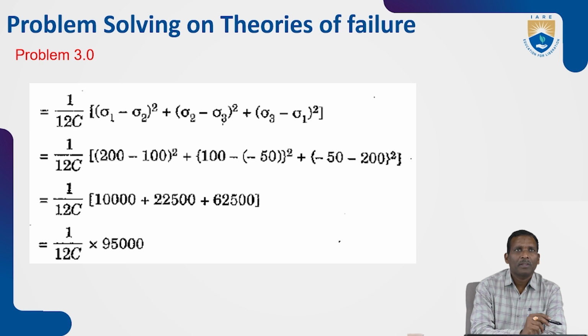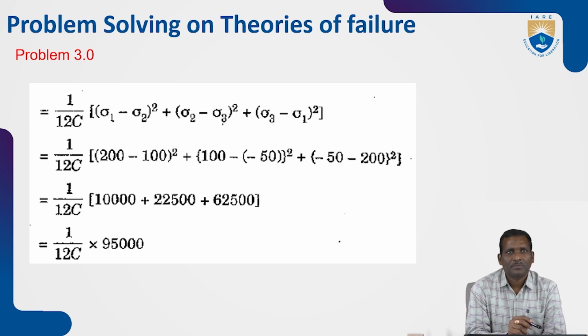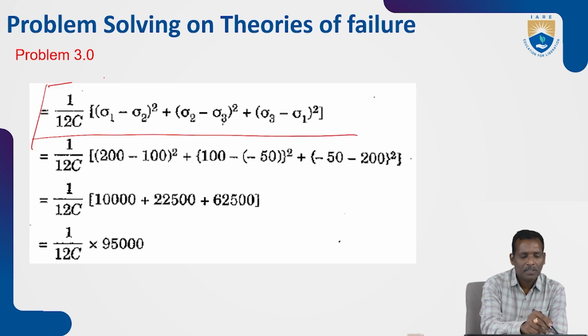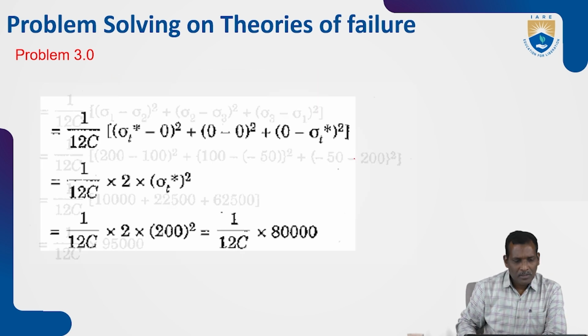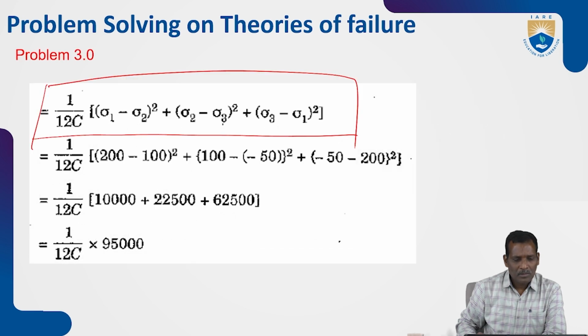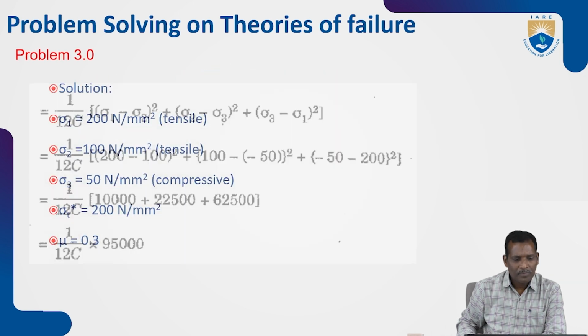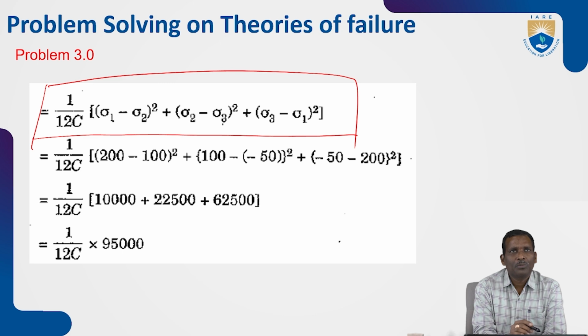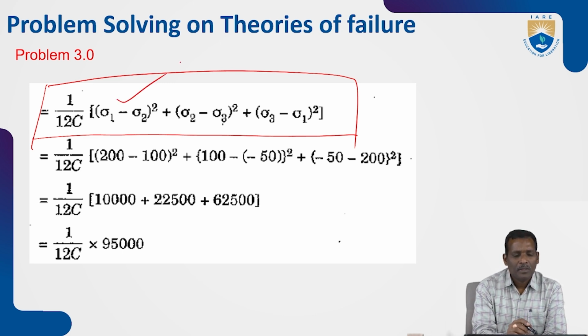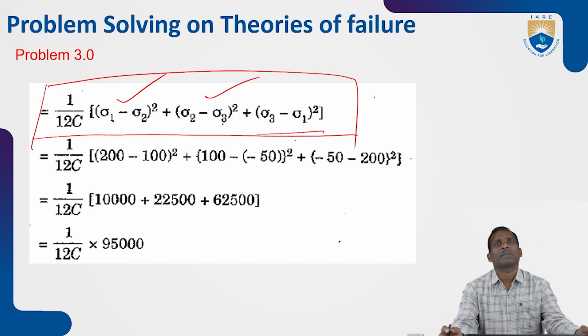So now apply this equation. For shear strain energy, 1 by 12C into (sigma 1 minus sigma 2) whole square plus (sigma 2 minus sigma 3) whole square, and (sigma 3 minus sigma 1) whole square.